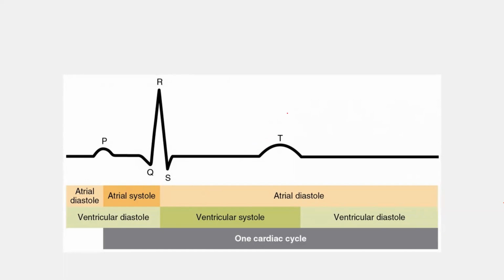We all know that the T wave is representative of ventricular repolarization. And during this time the ventricles have a potential of responding erratically.